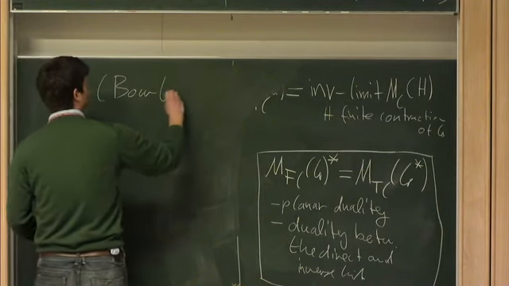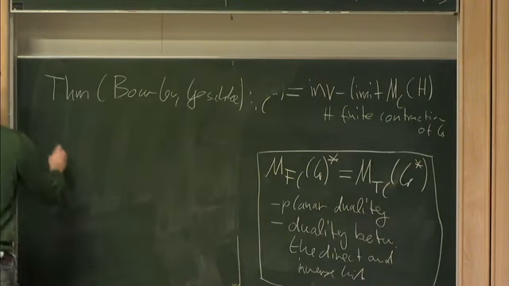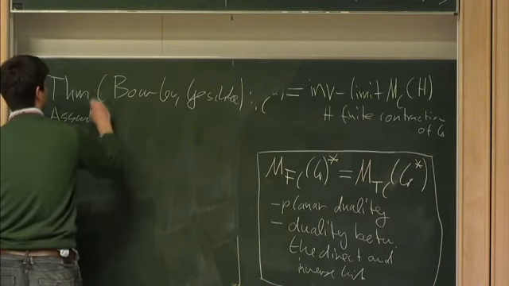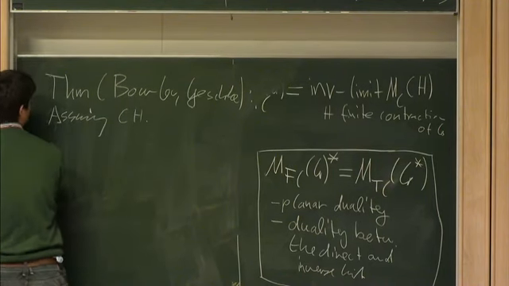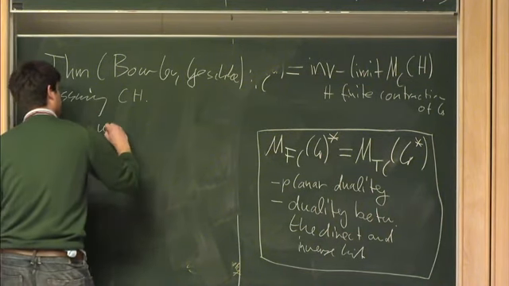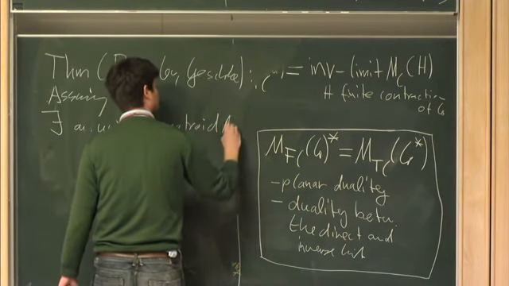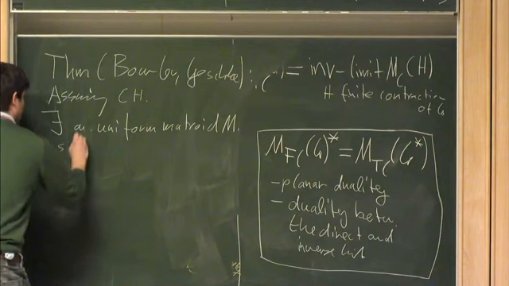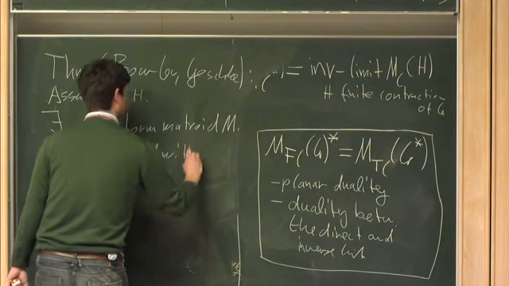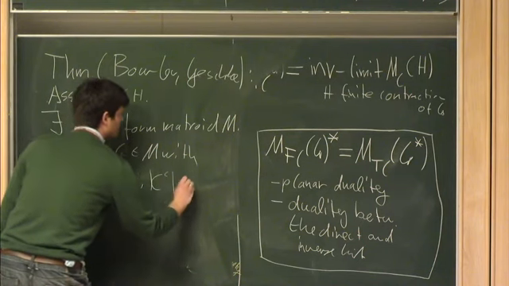So the theorem of Nathan and Stefan is that, assuming Martin's axiom or the continuum hypothesis, whatever you like, there exists a uniform matroid M such that there exists some C in M with C infinite and also the complement of C infinite.